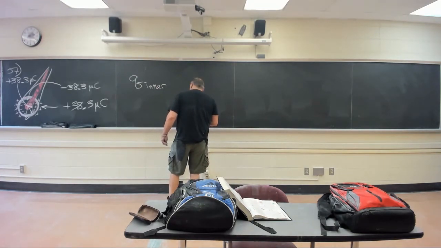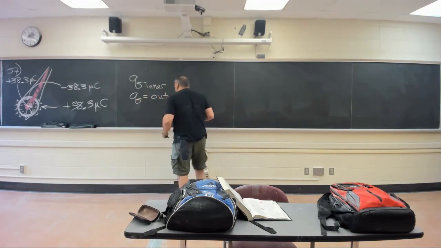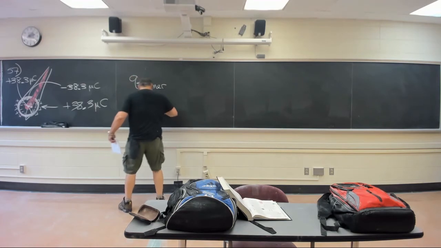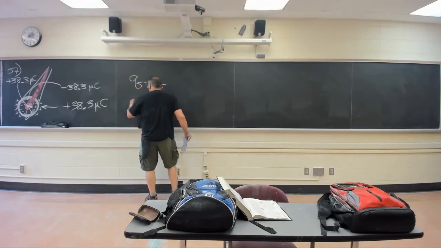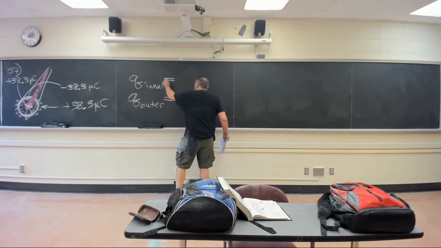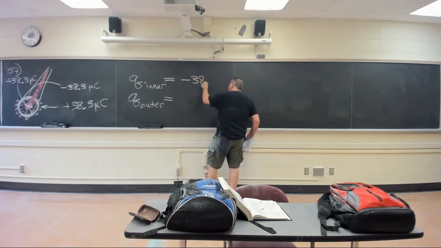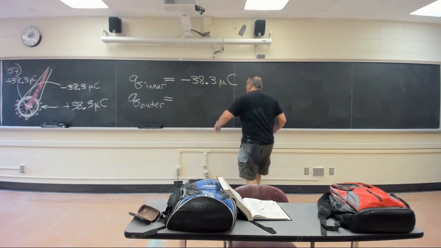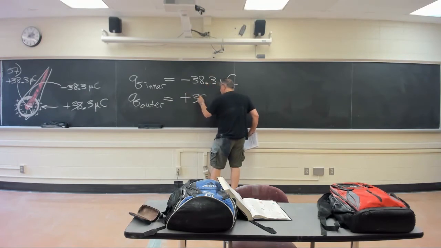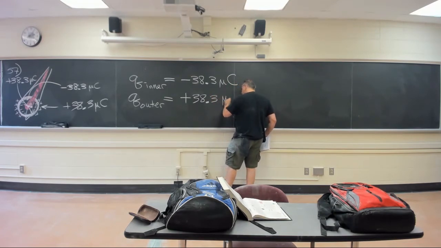So Q inner is negative 38.3 microcoulombs, and positive 38.3 on the outside.